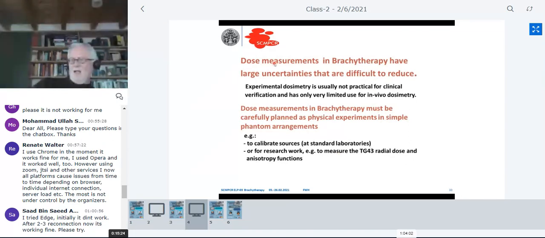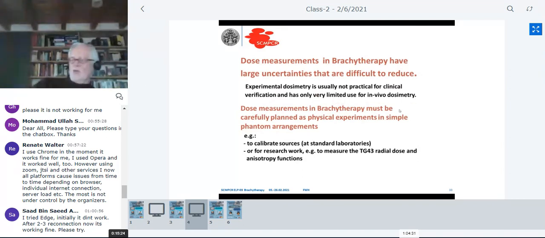Any kind of experimental dose measurements in brachytherapy, measuring with an ionization chamber or whatever, have large uncertainties, and they are difficult to reduce. So experimental dosimetry is normally not a practical thing for clinical verification, to actually measure what your patient is getting. And it has only very limited use for in vivo dosimetry. It's simply too uncertain what you measure.